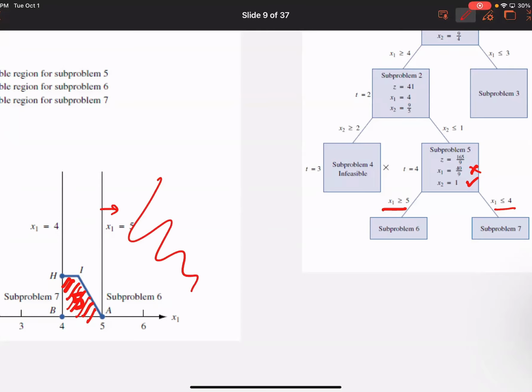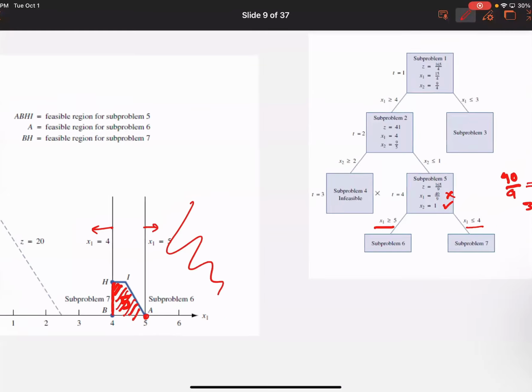What is the intersection? It's just that point. What is the intersection of that and x1 less than or equal to 4? It's this line. Do you agree? So if I solve those, 6 and 7.